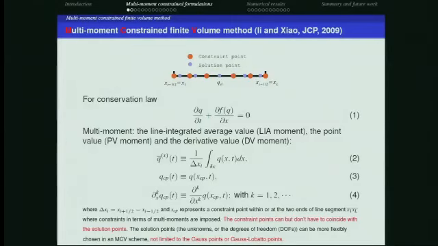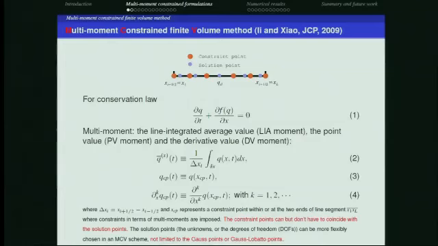So, what is the multi-moment constraint finite volume method? Let's look at this. Start from the conservation law. We define the moments: the line integrated average value. This is our single cell, and the point value defined like here, the solution point, and the derivative values here.